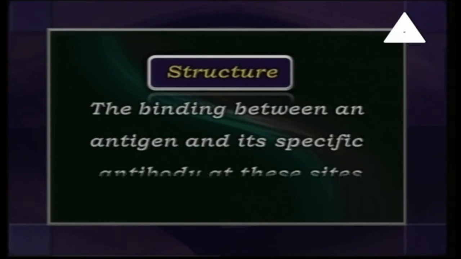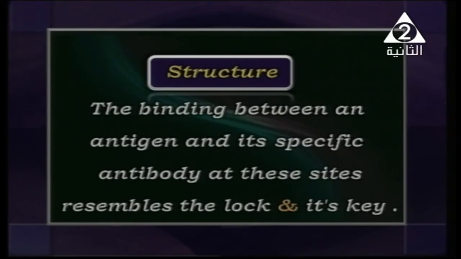And also, the binding between the antigen and its specific antibody, at this site, looks like the lock and its key. Get the meaning here? The binding between the antigen and the specific antibody. Antigen, again, as we said, is related to the bacterial cells or the pathogen, while the antibody is something from your body, okay?